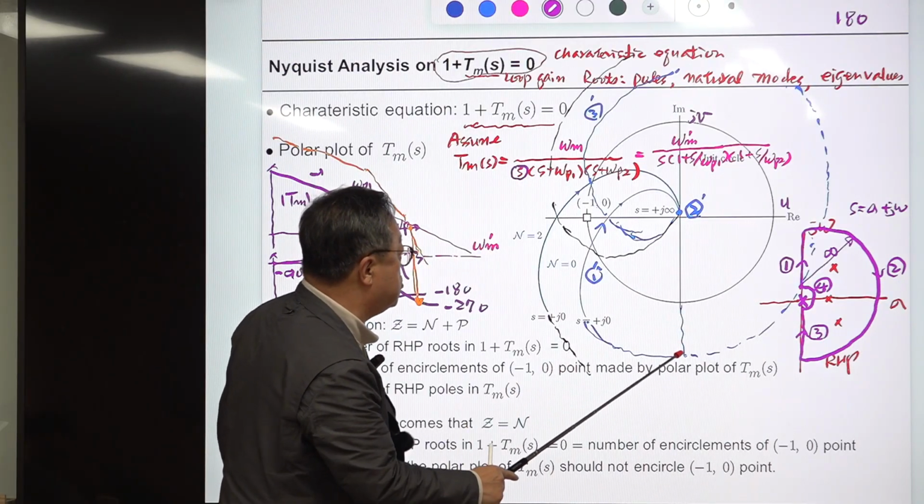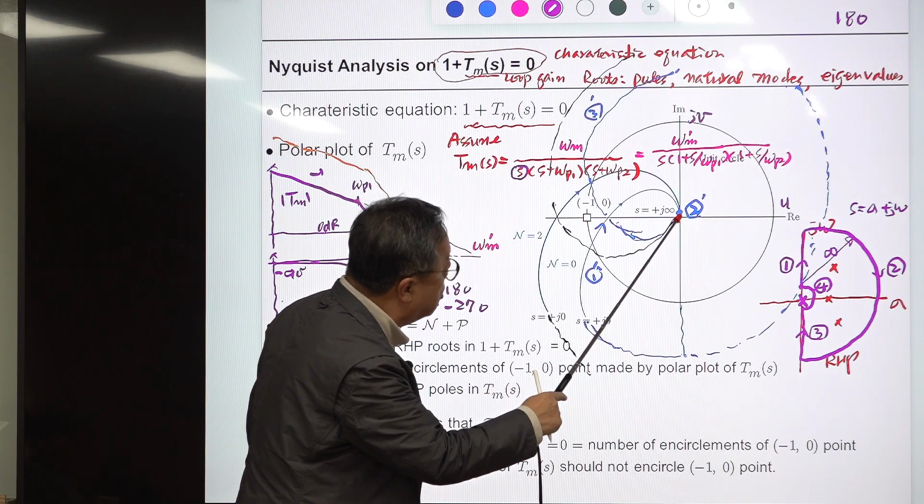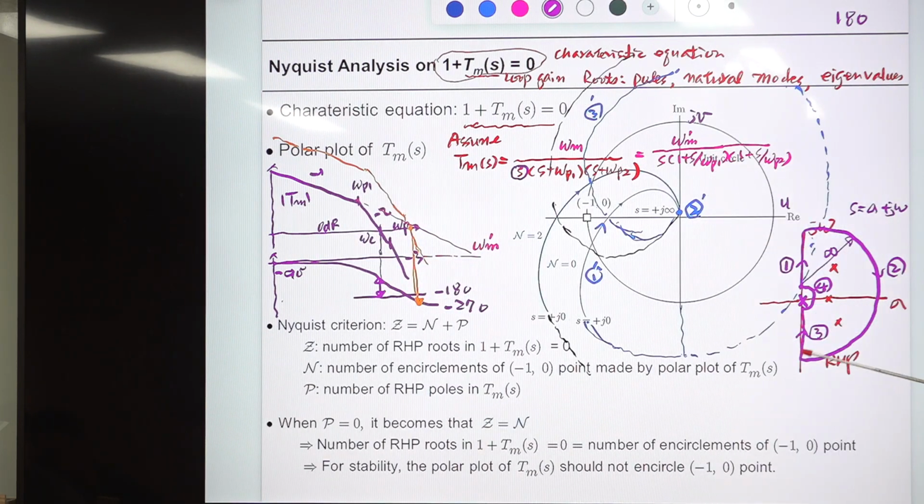You start out at this point, you are here, and you stay here for a while, and then follow this. This is the negative imaginary axis, meaning minus frequency, which does not exist in our world, but mathematically it is okay, so you should consider this.